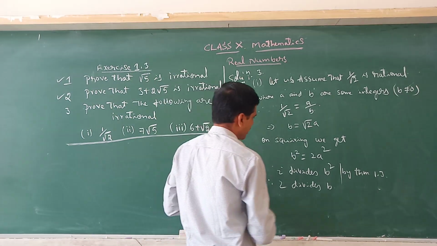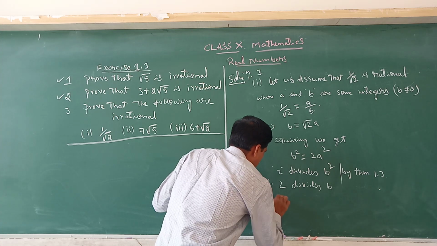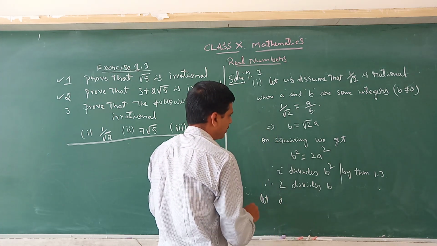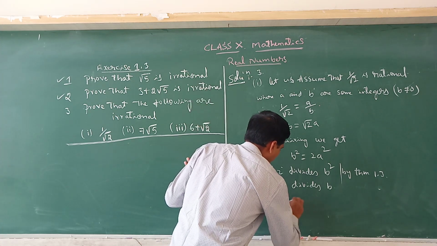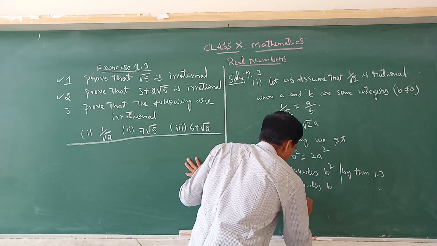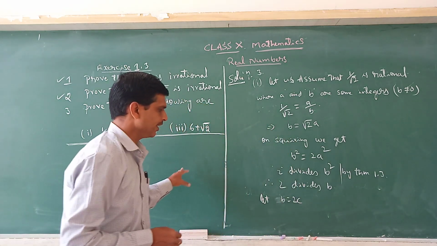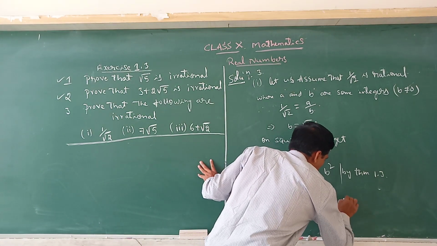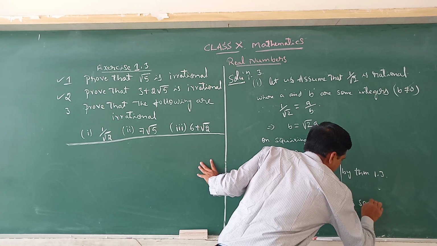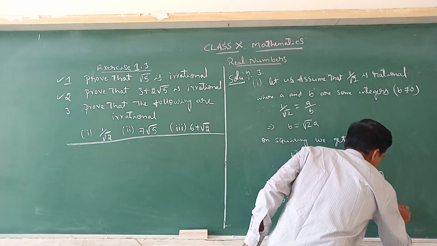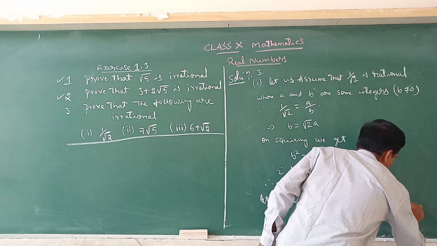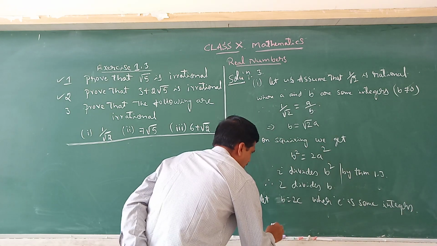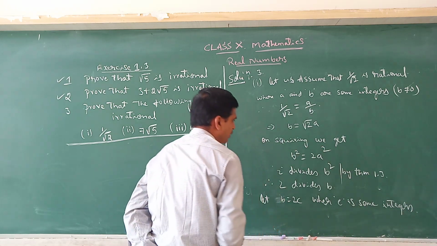So let us assume that, say, b value is 2c, where c is some integer.